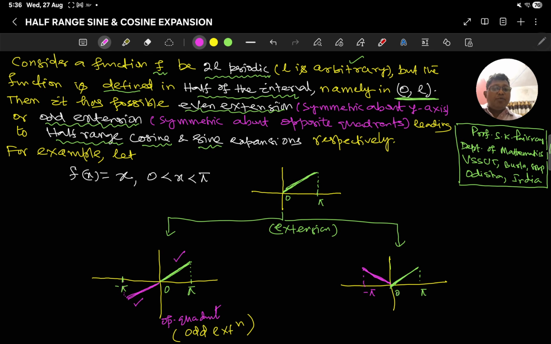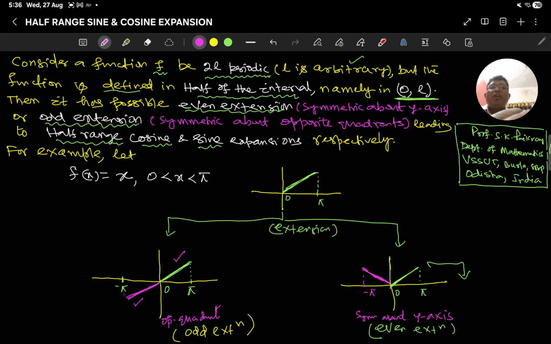Now what we observe is that it is symmetric about the y-axis. So it is my even extension.